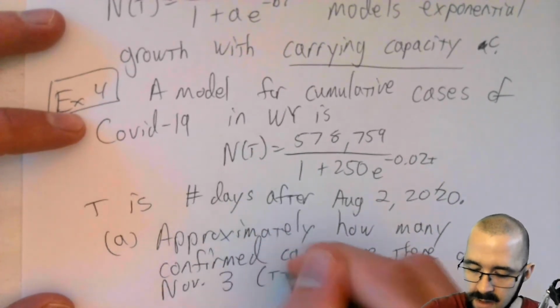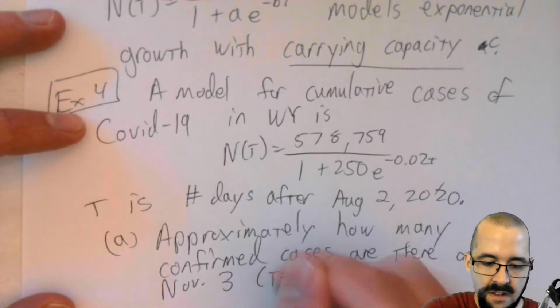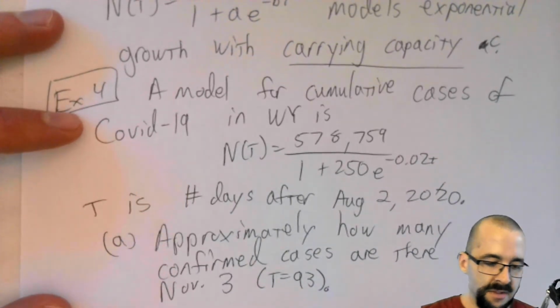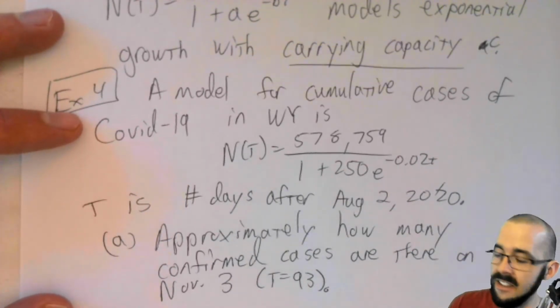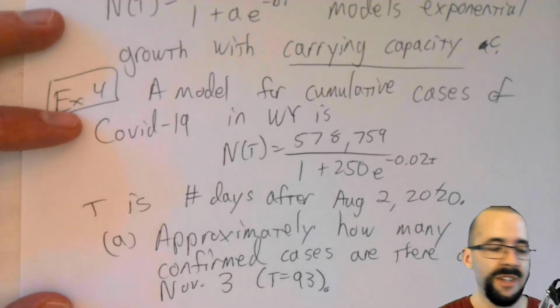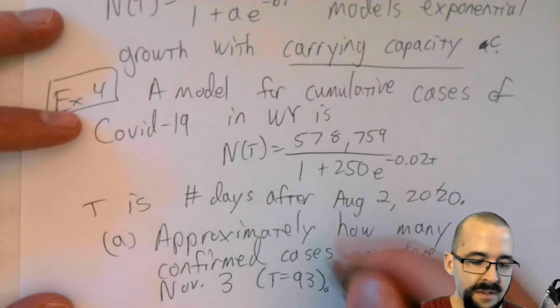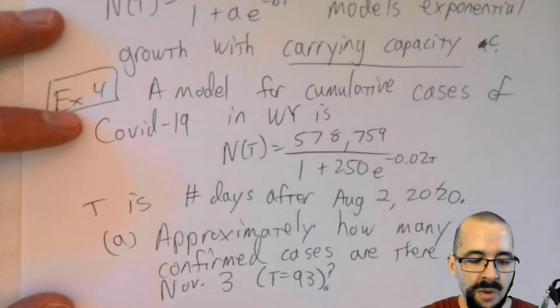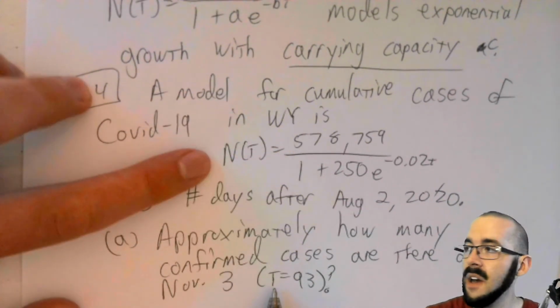And November 3rd, that's going to be 93 days after August 2nd. So November 3rd, as of the day that I'm recording this video, is the most recent full day that we have documentation for. I'm recording this on the 4th. Right? So we are going to be able to use this function to model it.